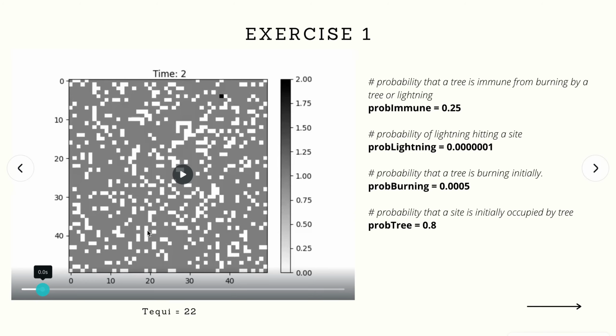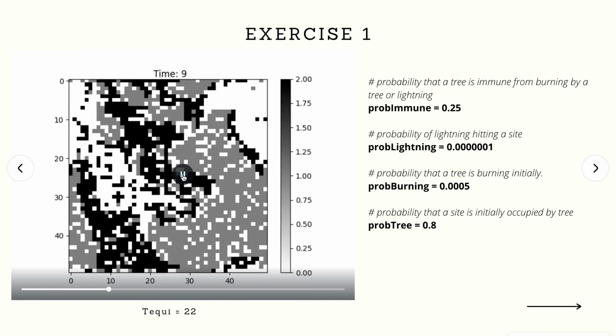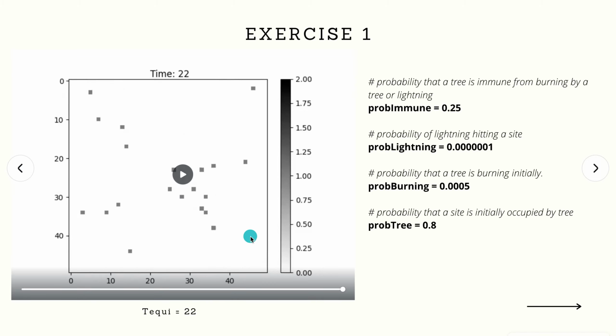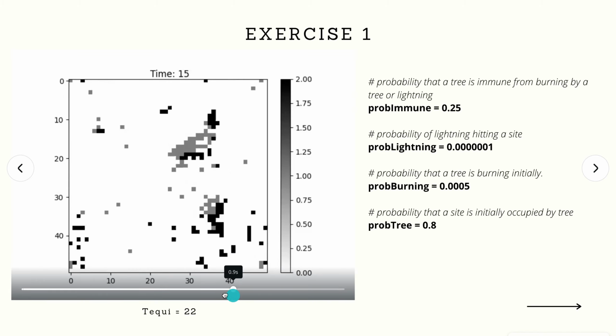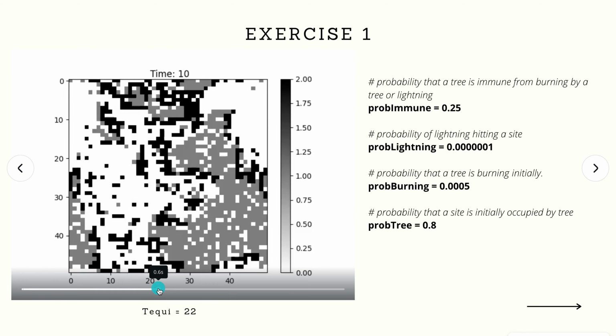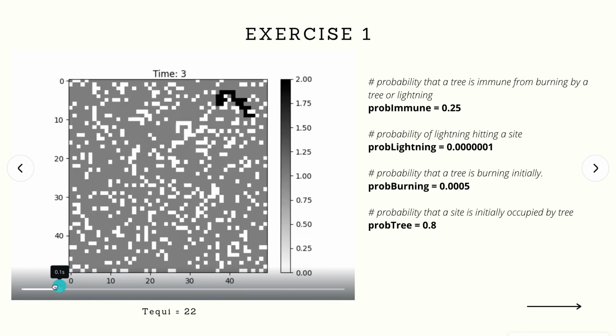We now run the simulation and see how the forest spreads quickly. In this case, the fire spreads quickly. As we see, after 22 time steps, we reach an equilibrium, and almost all of the cells have been wiped out and have become empty.